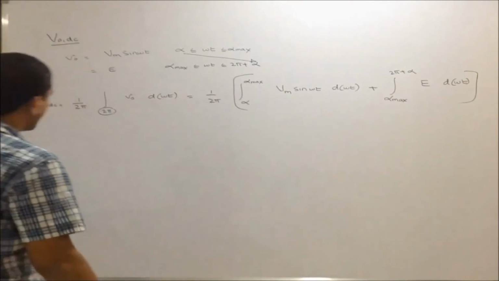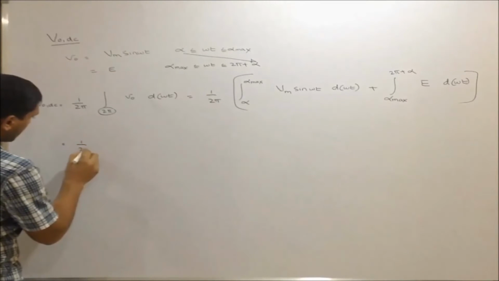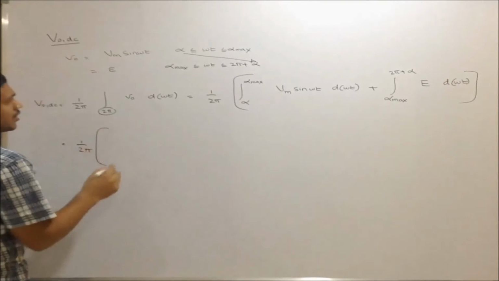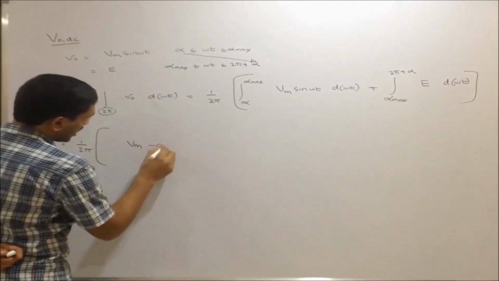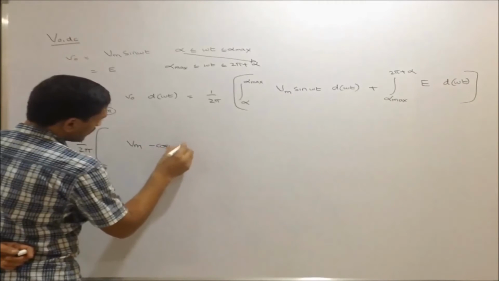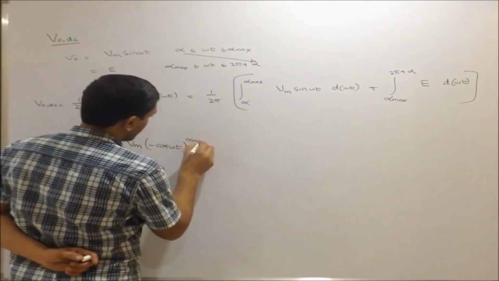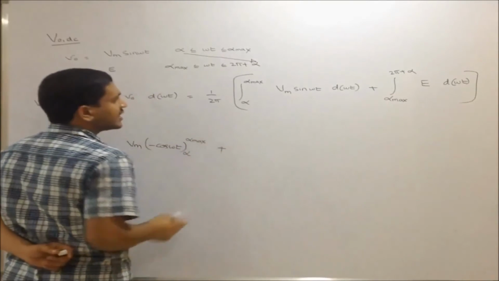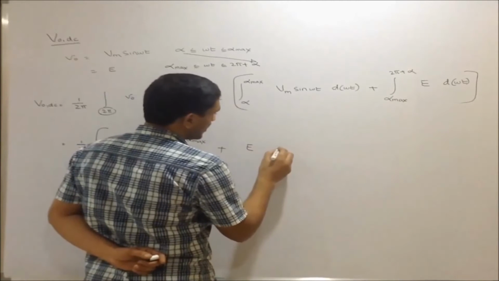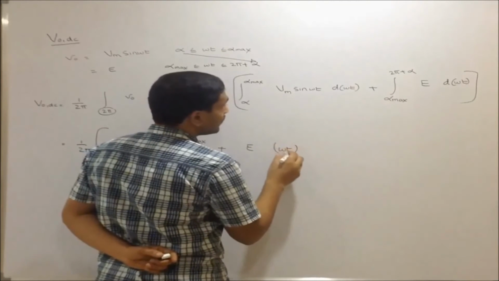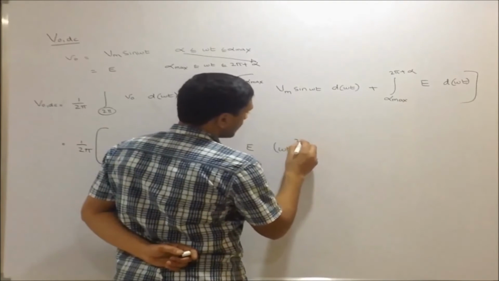Now you simplify it. What do I get? 1 by 2 pi is always outside. So integration of sine gives minus cos, with limits from alpha to alpha max, plus the integration of E, which is constant, so integration of 1 is omega t, with limits from alpha max to 2 pi plus alpha.